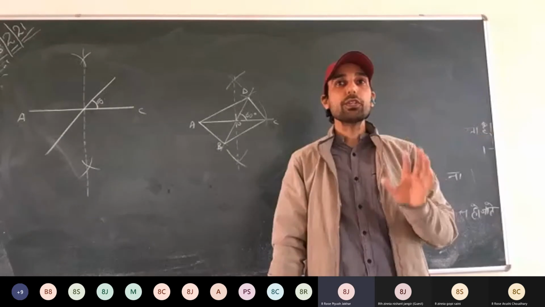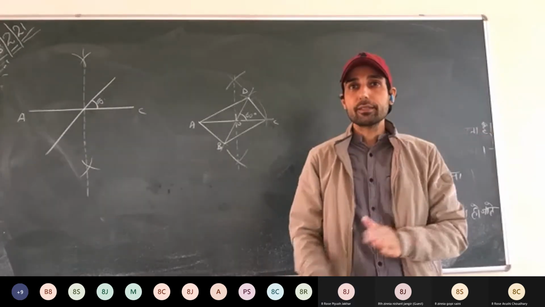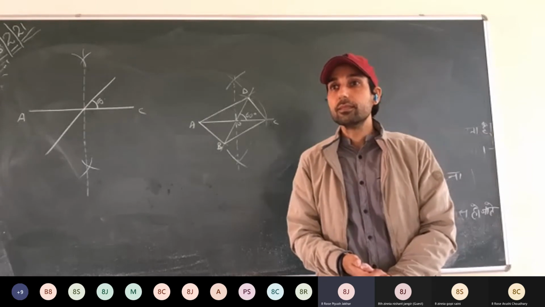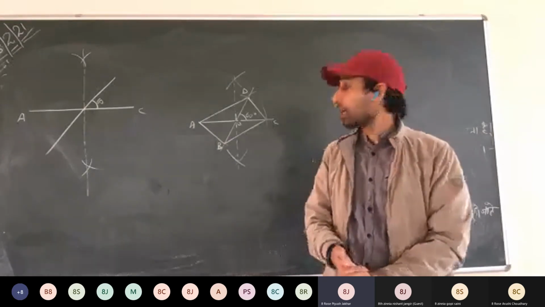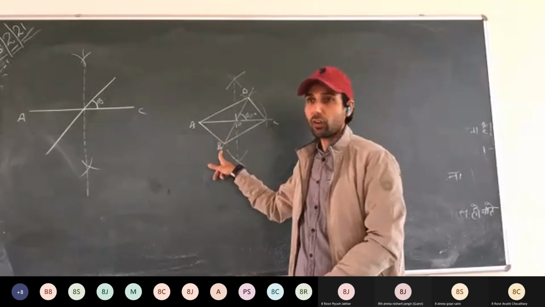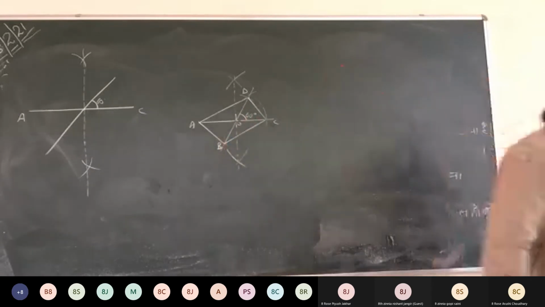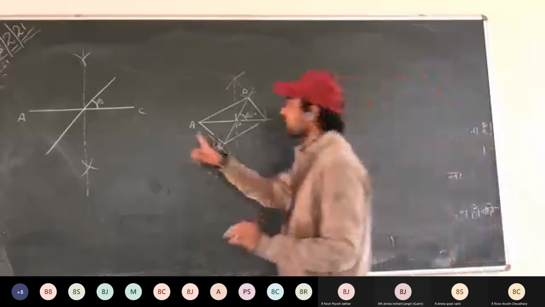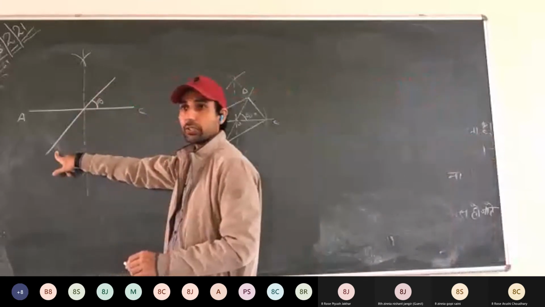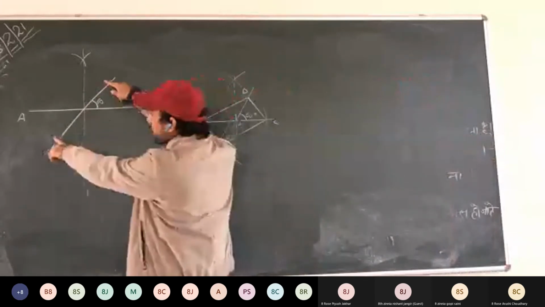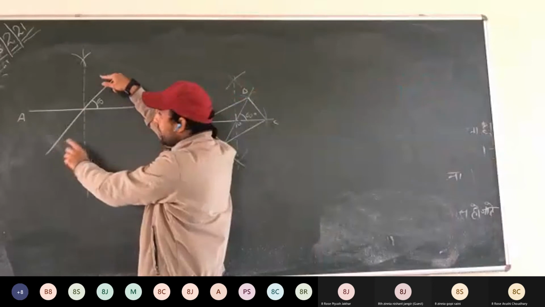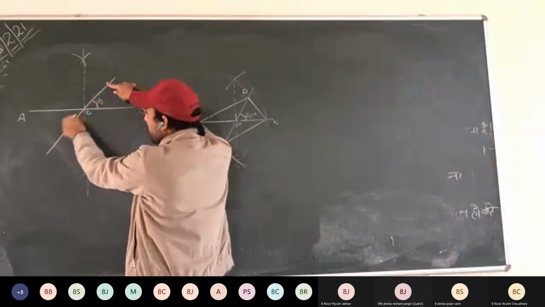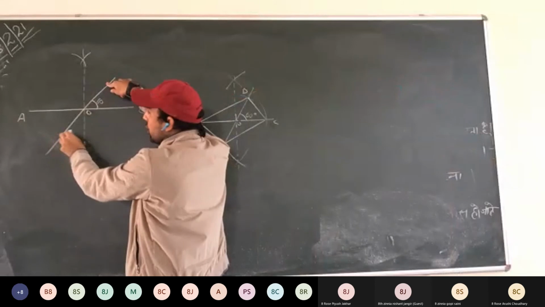Any doubt? Yes, sir. Sir, explain again how D and B were drawn. Okay, it's fine. See here. This diagonal we have got. Its length is how much? 4 centimeters, a total of 4 centimeters. That means from the midpoint, 2 centimeters this side, 2 centimeters this side.